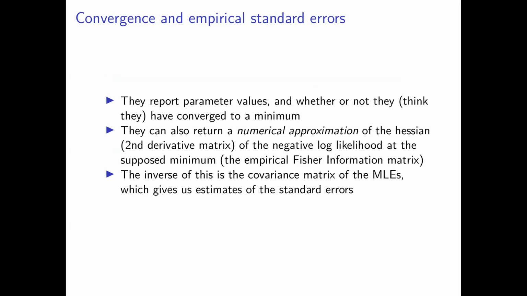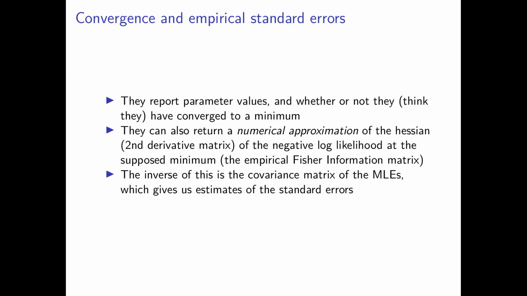So the optimization functions report parameter values and whether or not they think that they've converged to a minimum. They can also return a numerical approximation of the Hessian, which is the second derivative matrix of the negative log likelihood at the supposed minimum.